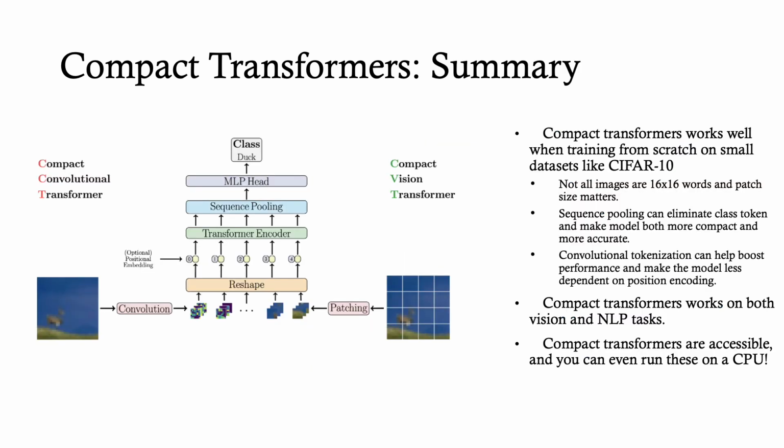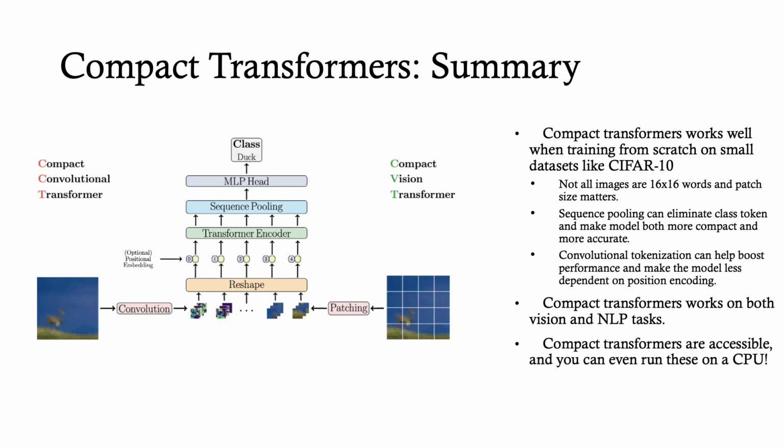To summarize, in our effort to democratize AI and escape the big data paradigm, we designed the compact transformers, and they work well when training from scratch on small datasets like CIFAR-10. The key takeaways from this design are that not all images are 16 by 16 words, and the patch size matters.